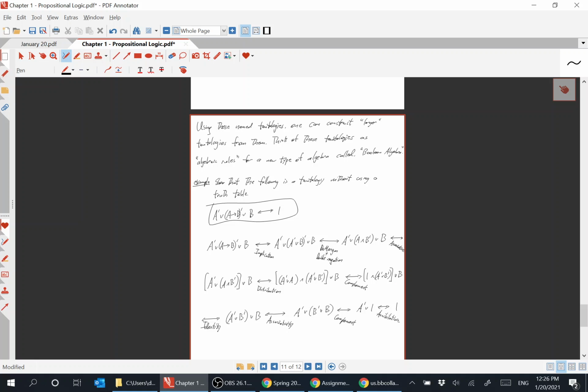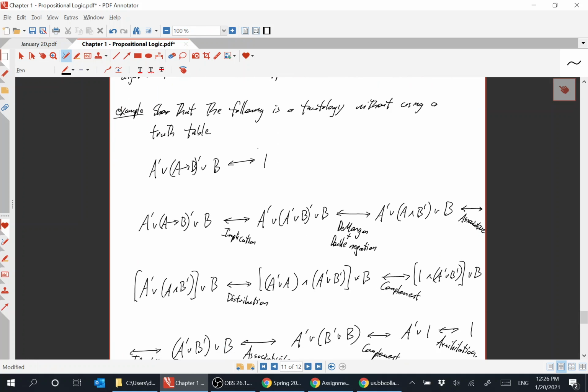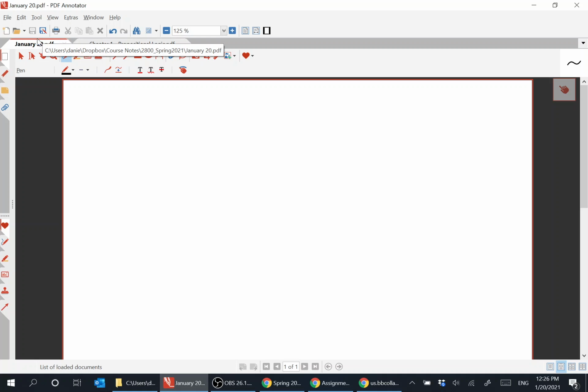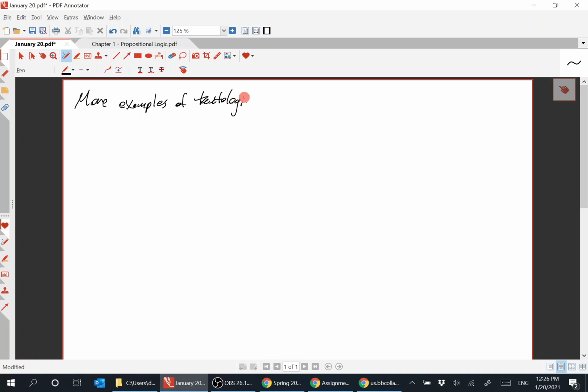Let's do a couple more examples like that, more examples of tautological equivalences built from named tautologies.